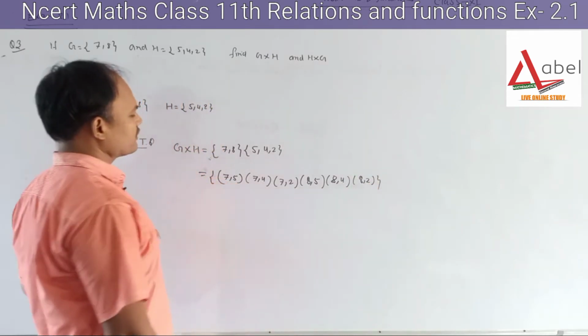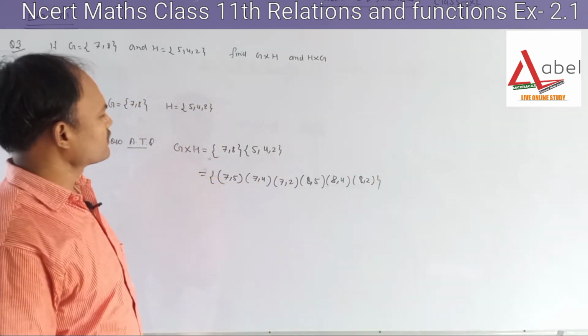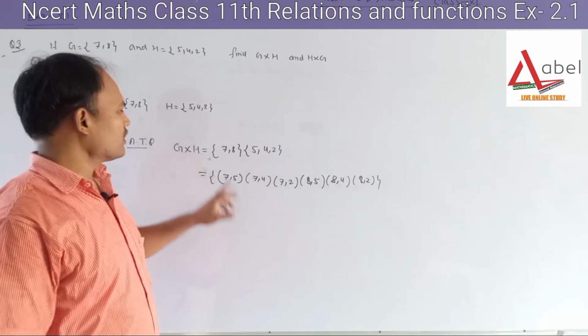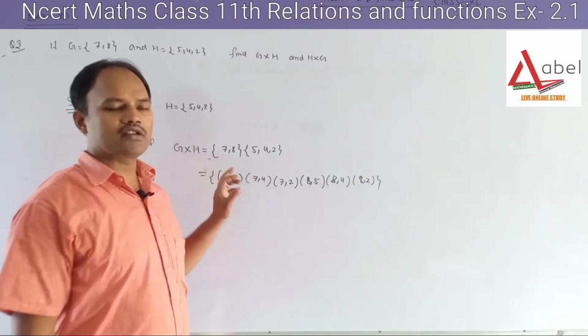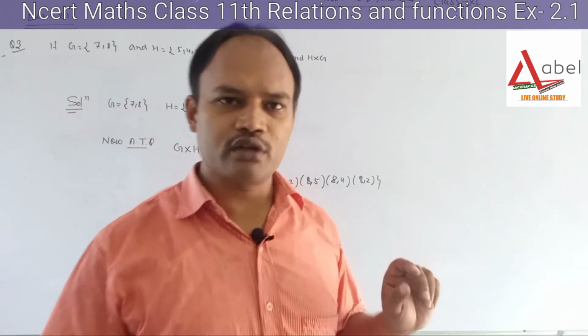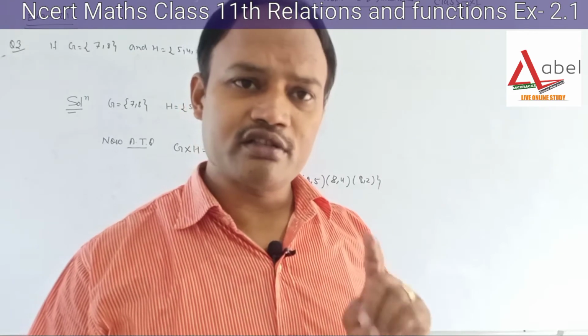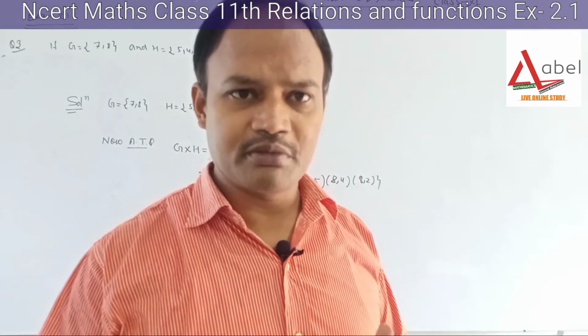So it is (7,5), (7,4), (7,2), (8,5), (8,4) and (8,2). When we multiply two sets, the first element is always from set A and the second element is always from set B. Remember, okay?